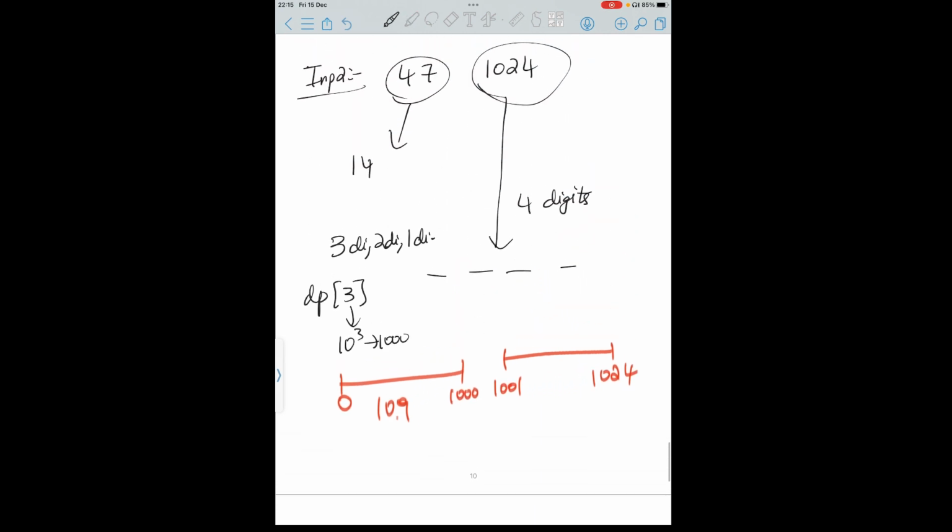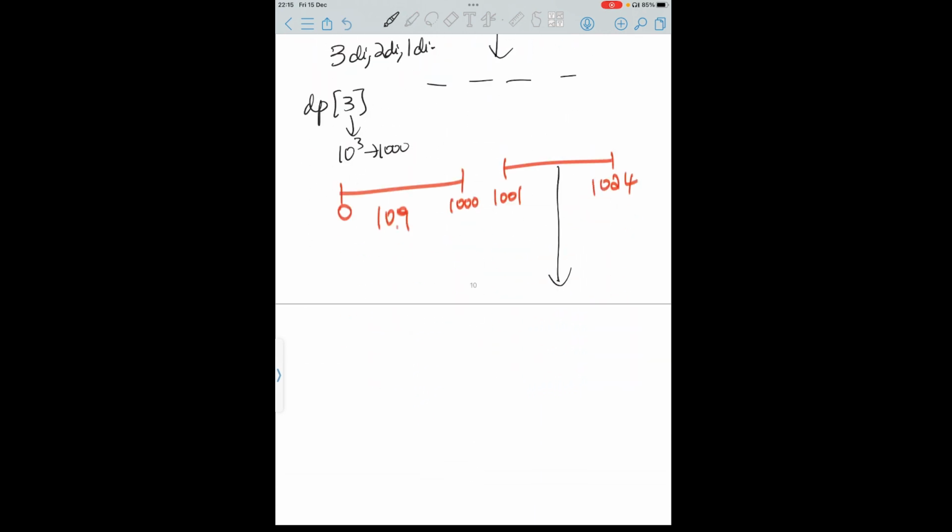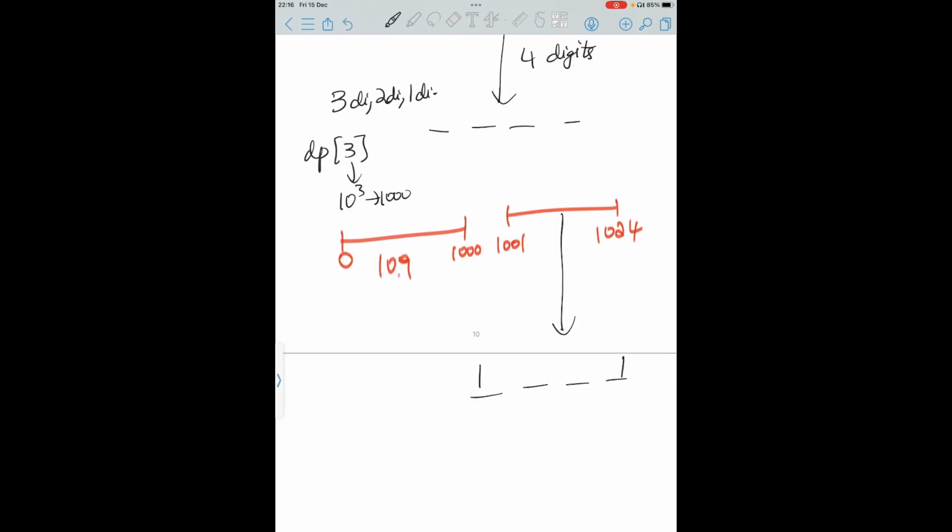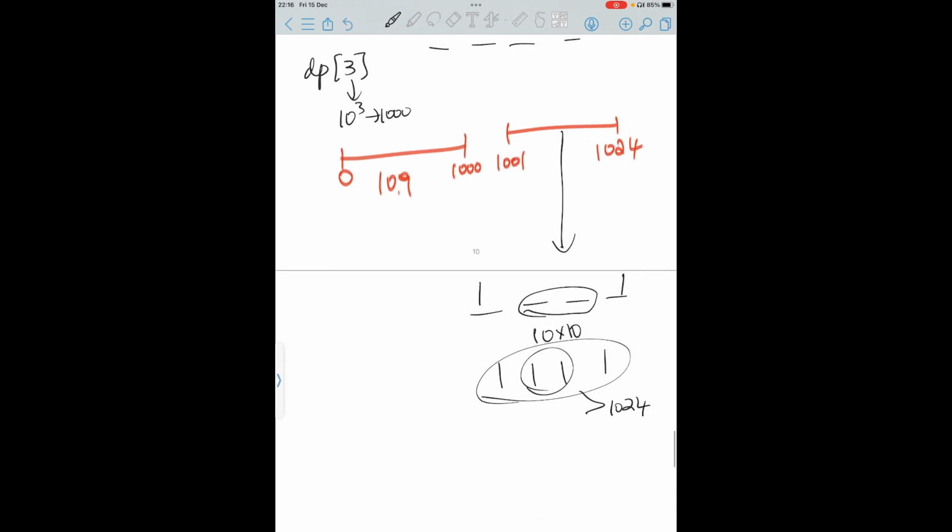So from 1001 to 1024, it is a 4-digit number, and if the first digit is 1, then the last digit also has to be 1, and in between we can fill these two places. It cannot be 10 into 10 possibilities, because if you fill 1111, two ones in those two places, then this number would be greater than 1024, and that violates the property. So we just have to take care that the number should be less than 1024.